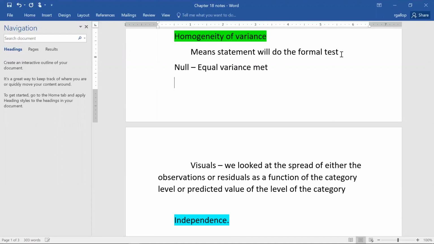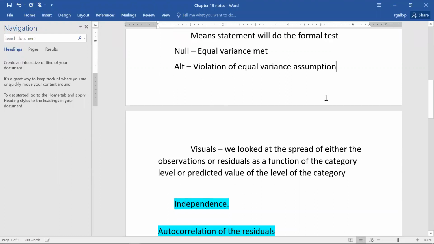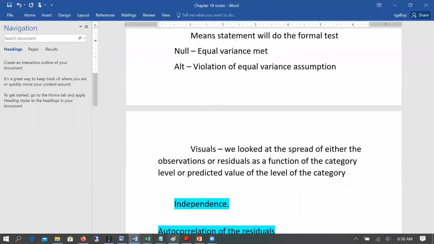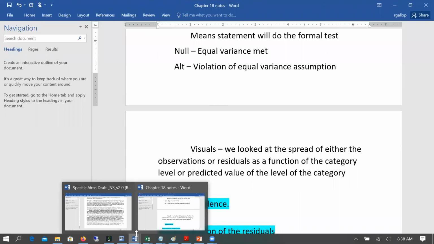The null is that equal variance was met, and the alternative is a violation of the equal variance assumption. So we got that. The visuals were good. But for the formal test, we're going to go ahead and do these tests here.